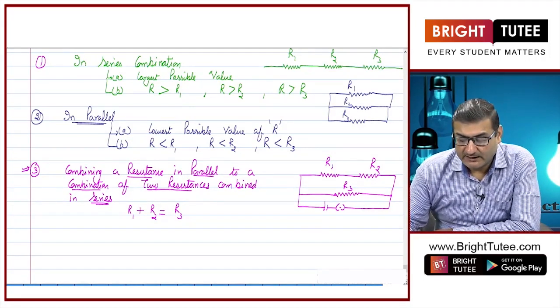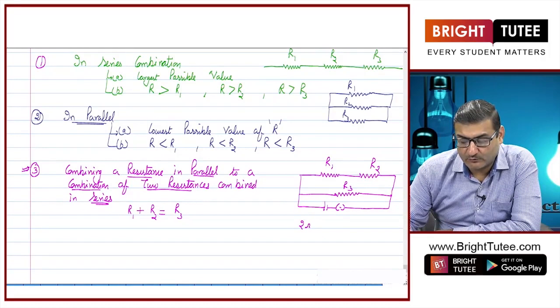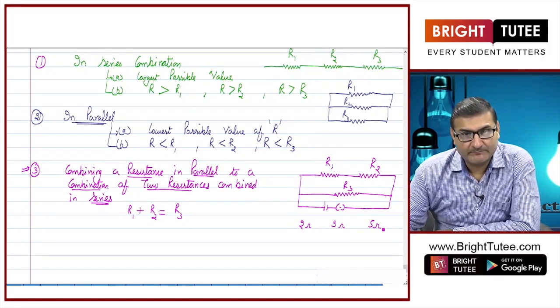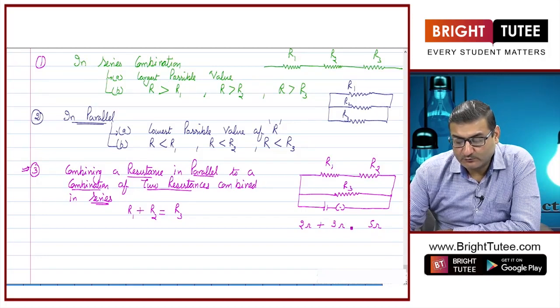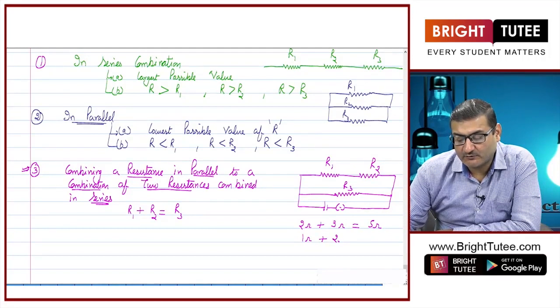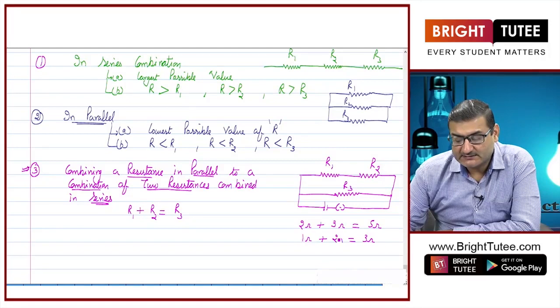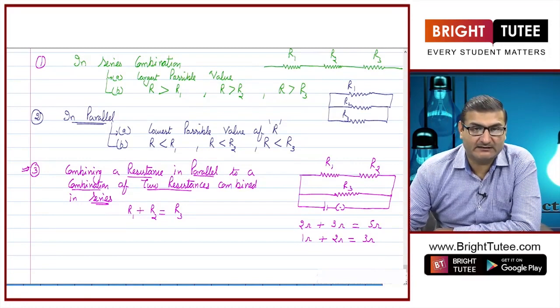For example, if I am given one resistance of 2 ohm, second resistance of 3 ohm, third resistance of 5 ohm. So, here I see that 2 plus 3 is equal to 5. Similarly, I can be given three resistances 1 ohm, 2 ohm and 3 ohm. Here I can see that the sum of the lower two resistances is equal to the third. This is my first criterion which I will be following.